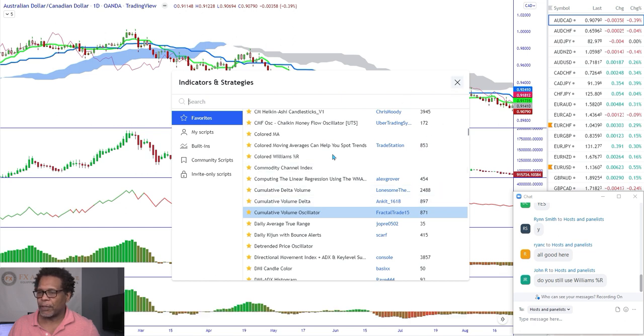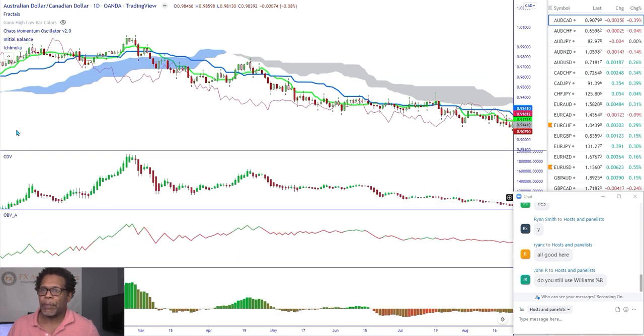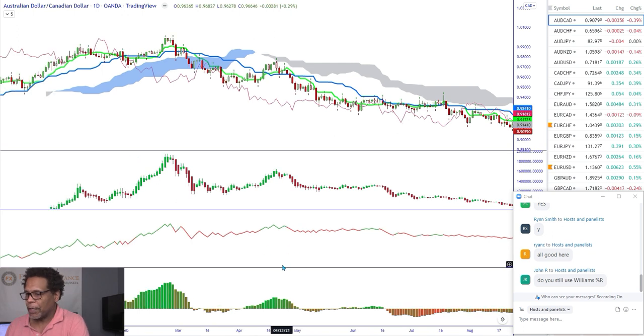I didn't mean to click it twice, but we're going to get rid of one of those. And we're not going to keep any of these on our chart. I'm just showing you the comparison. So this is the CVO. This is also cumulative volume, okay? So you can have either one of these three on your chart to basically get the same thing that I'm getting, to see or understand the same thing I'm seeing. I'm basically looking for that supply and demand.